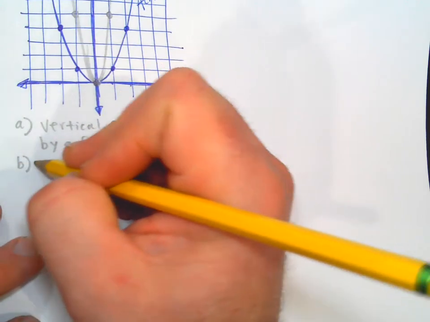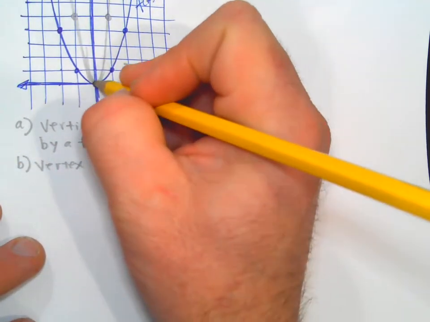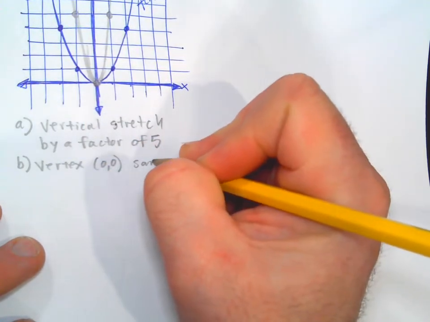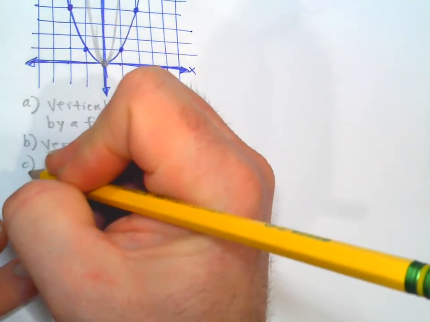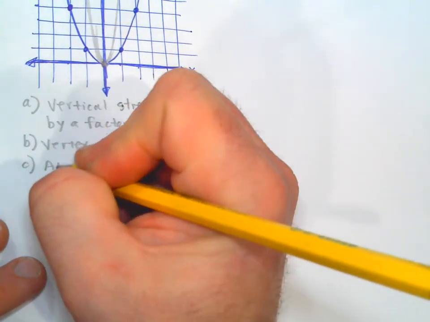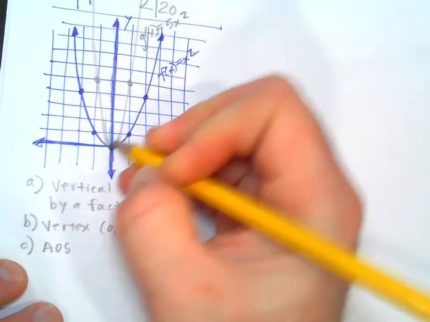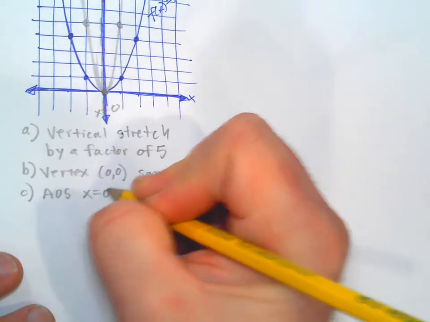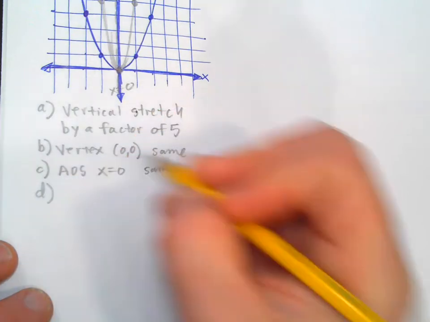B, the vertex. The vertex is right here at 0, 0, and that's the same for both of them. C, the axis of symmetry. The axis of symmetry is the line that cuts it in half, and that's x equals 0. That's the same for both of them. So they're different, but there are also things that are the same.